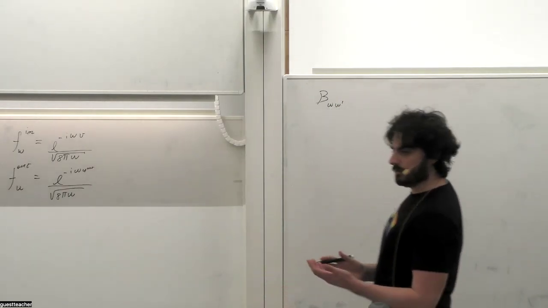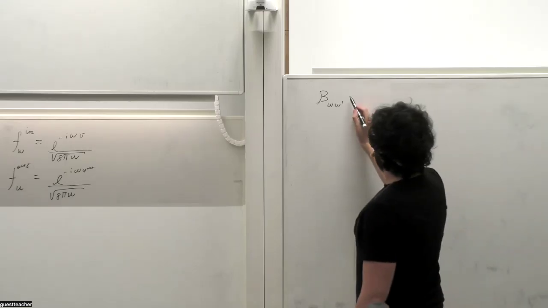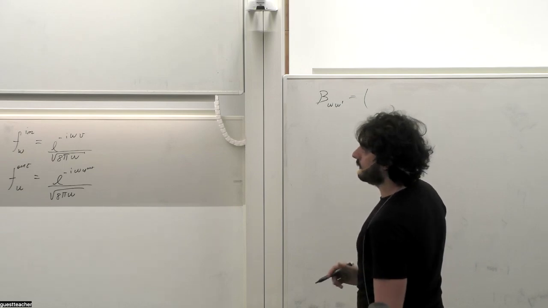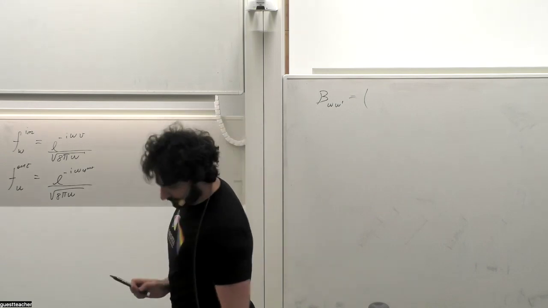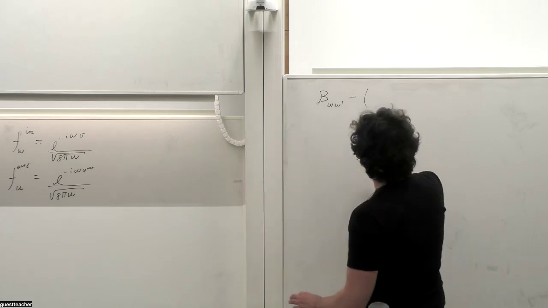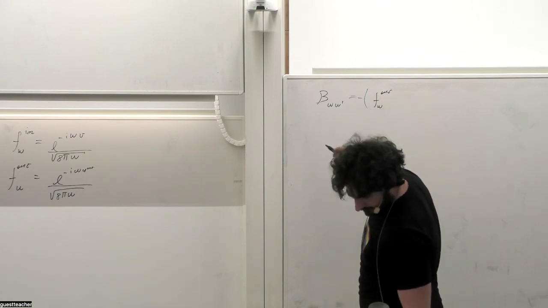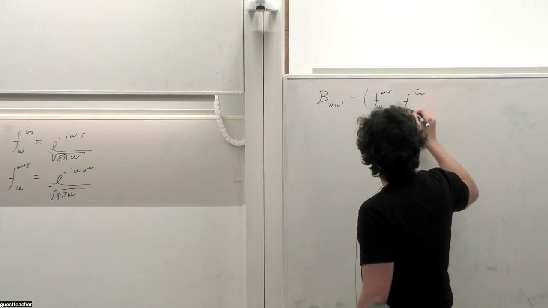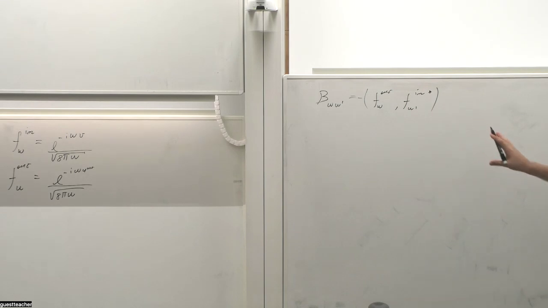Before the indices were ij, now the indices are omega, the frequency of the wave, which was defined as the scalar product of minus f out omega, f in omega prime star. So this is what we need to do, right?